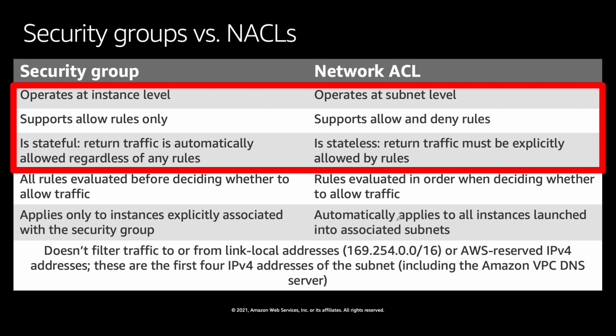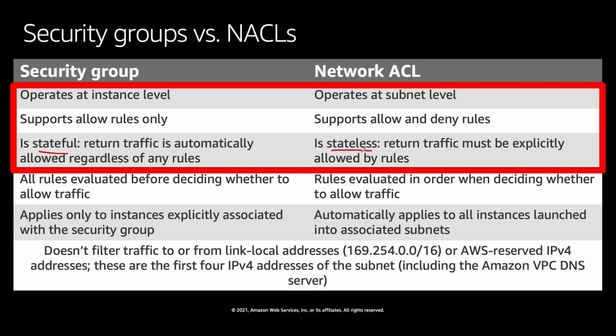Also, one important thing to remember is that a security group only supports allow rules. So you cannot say that this kind of traffic from this particular node or IP range is not allowed. You cannot have a deny rule, whereas in a network ACL you can have deny rules. Another important thing to remember is we learned that security groups are stateful, so the return traffic gets allowed automatically, whereas NACLs are stateless.